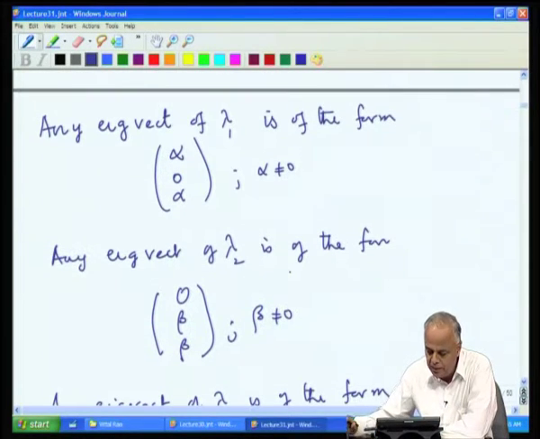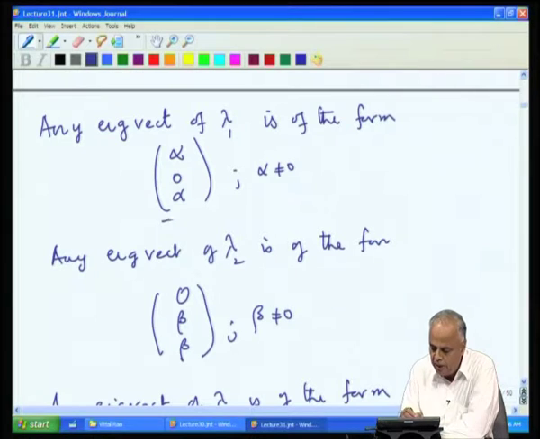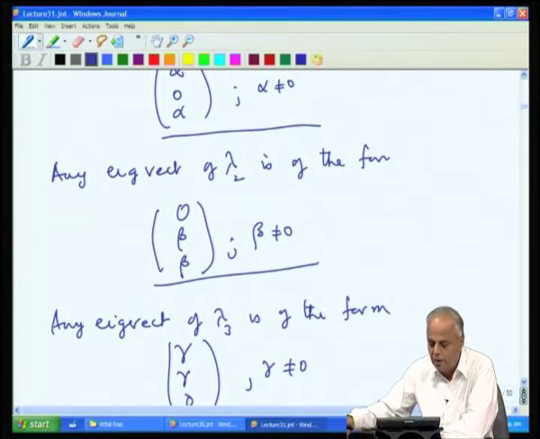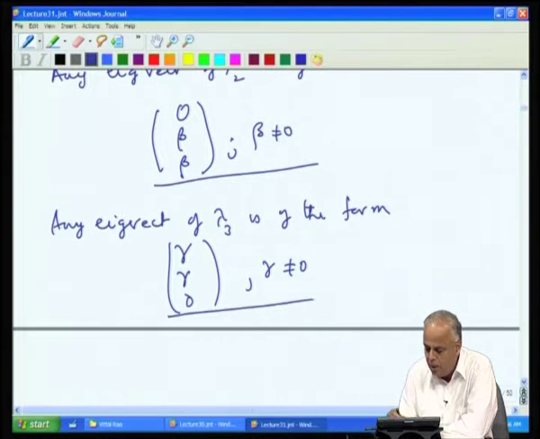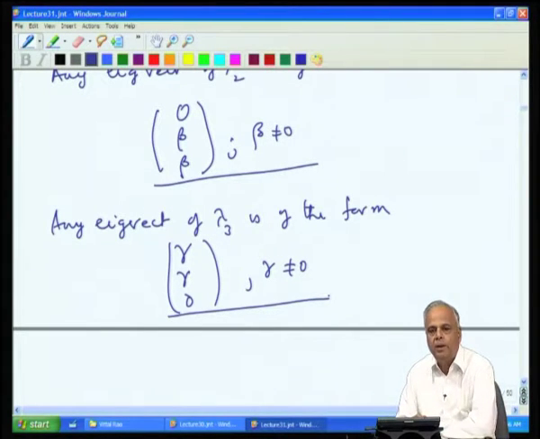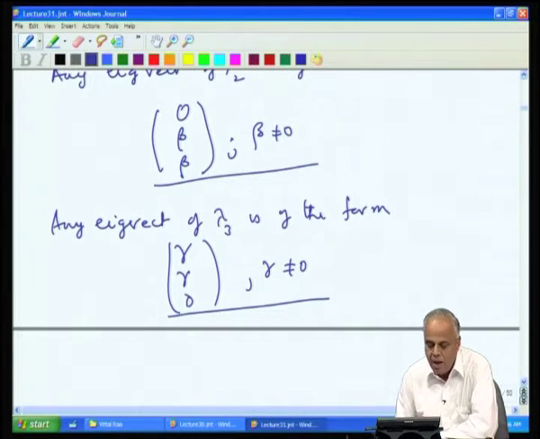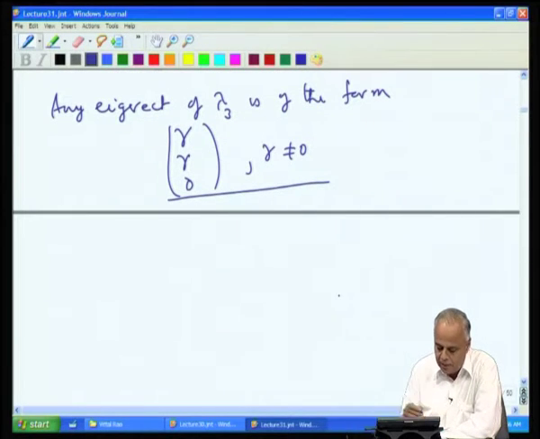Now, if you see these three eigenvectors, this eigenvector corresponding to lambda 1, this eigenvector corresponding to lambda 2, and this eigenvector corresponding to lambda 3, these are eigenvectors corresponding to the distinct eigenvalues lambda 1, lambda 2 and lambda 3, and we find they are linearly independent.